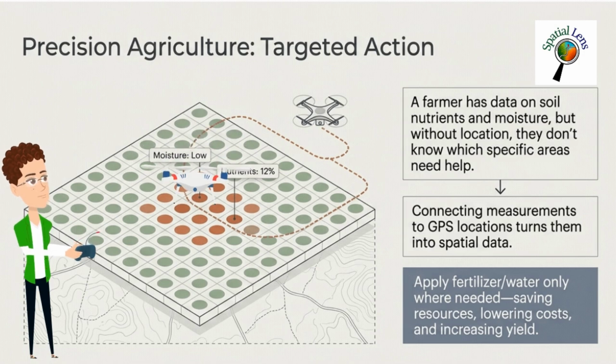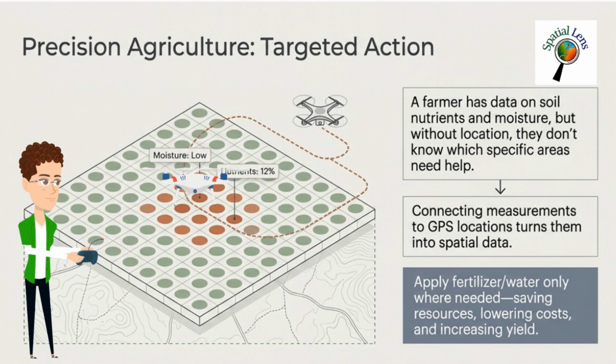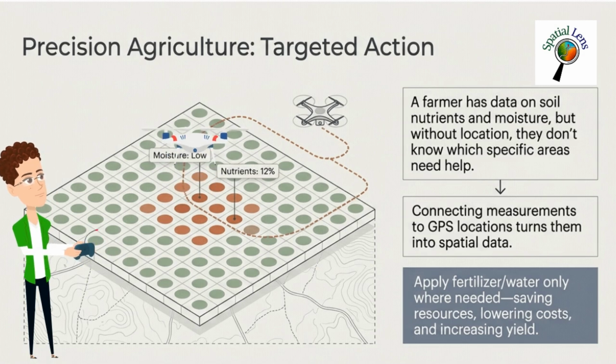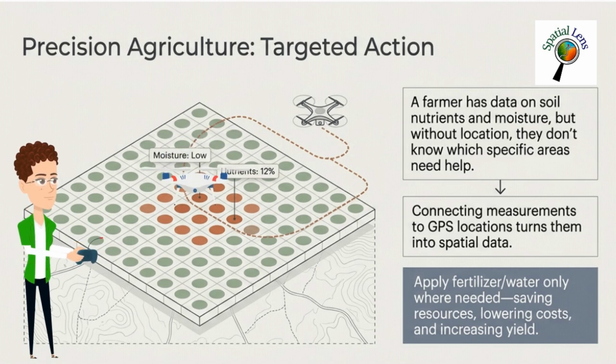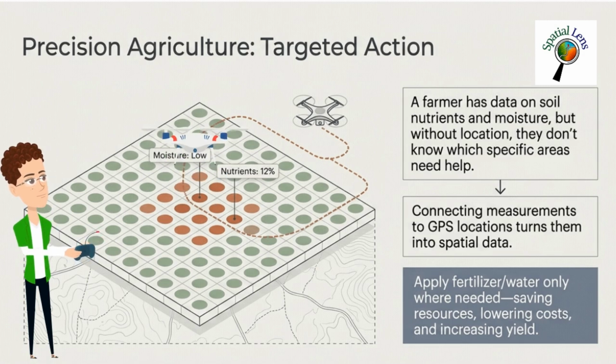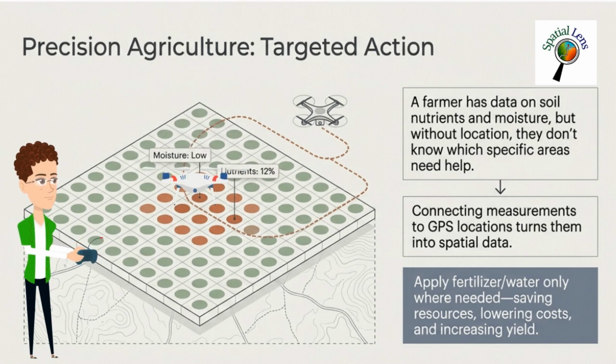When these measurements are connected to GPS locations, they become spatial data, allowing precision farming to apply resources only where needed. This saves water, reduces fertilizer use, lowers costs, and increases crop production.